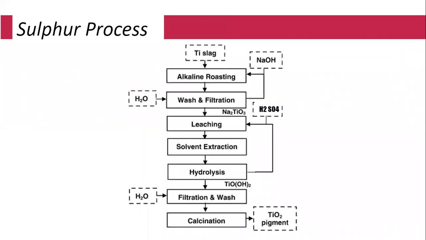The titanium slag will go through alkaline roasting, washing, filtration, and leaching, solvent extraction, hydrolysis, filtration, and washing, and then the last stage is calcination, and then our pigment is produced.